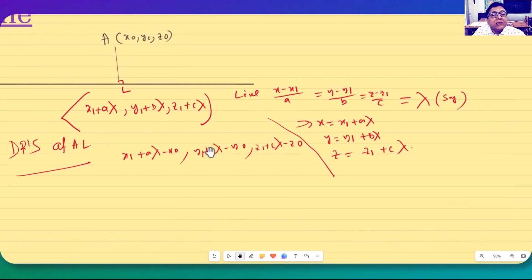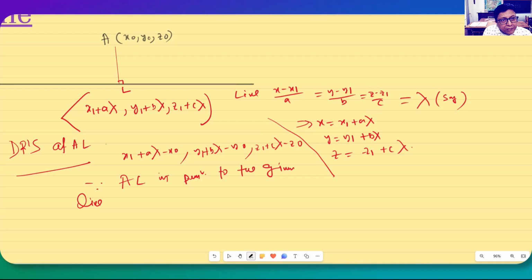These are the direction ratios of the line segment AL, and since AL is perpendicular to the given line, we can use the condition of perpendicularity.